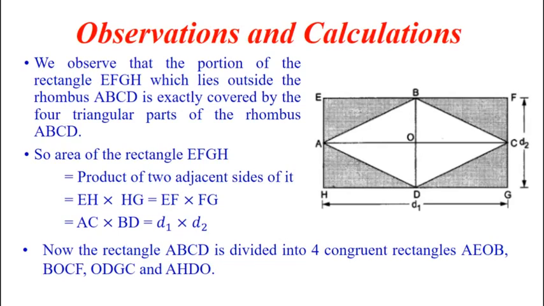So, the area of the rectangle EFGH is equal to the product of two adjacent sides, that is EH into HG, that is equal to EF into FG, that is also equal to AC into BD or D1 into D2. That means the area of the rectangle EFGH is equal to D1 into D2.